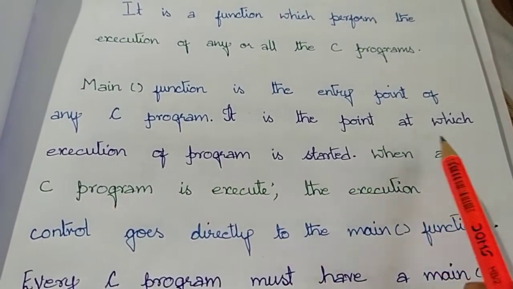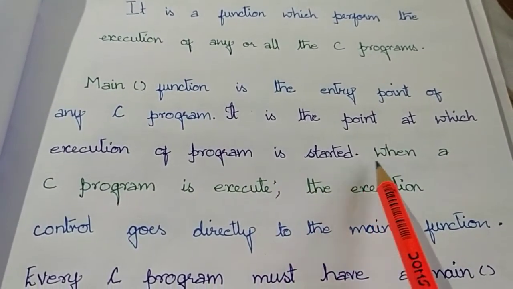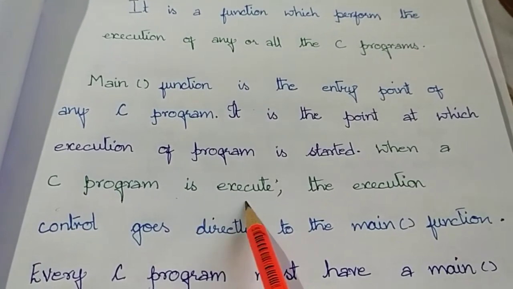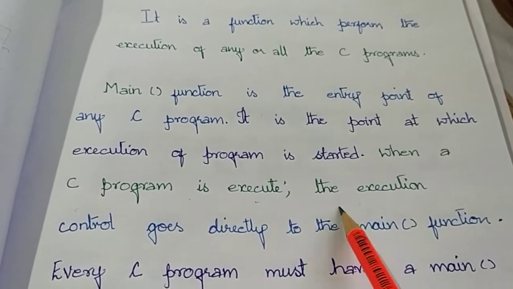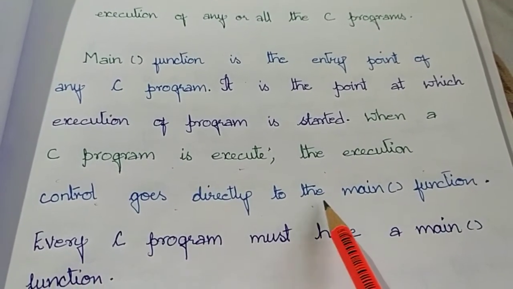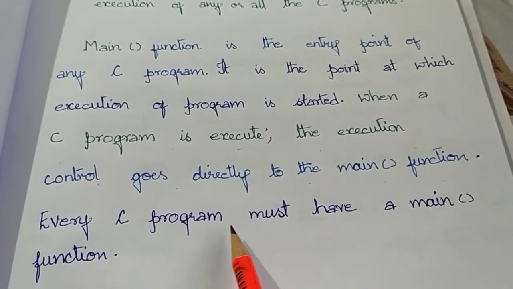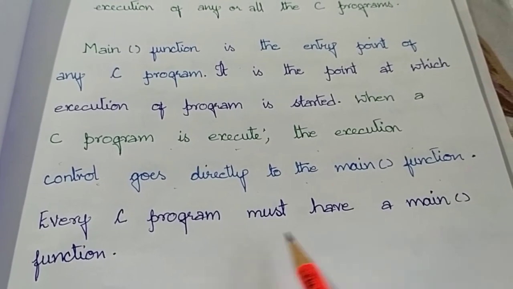It is the point at which execution of the program is started. When a C program is executed, remember that the execution control goes directly to the main function. Therefore, every C program must have a main function.